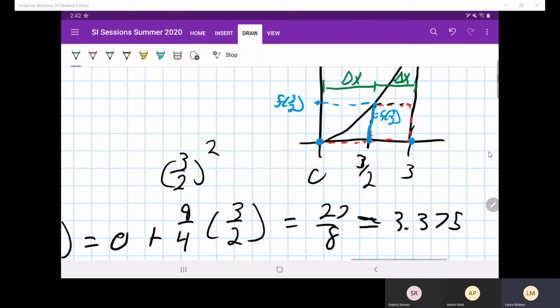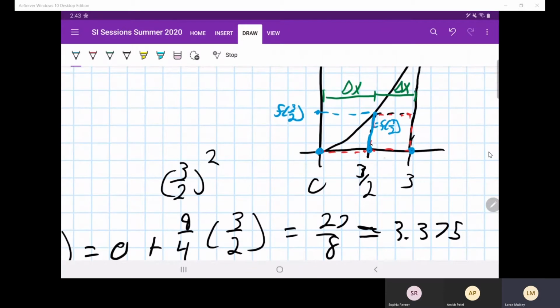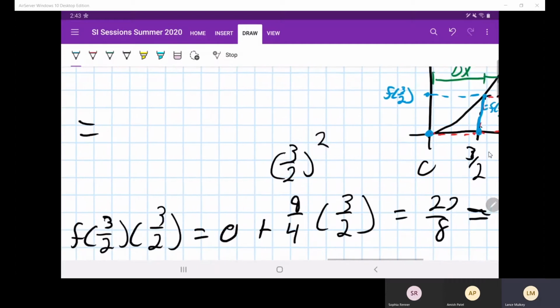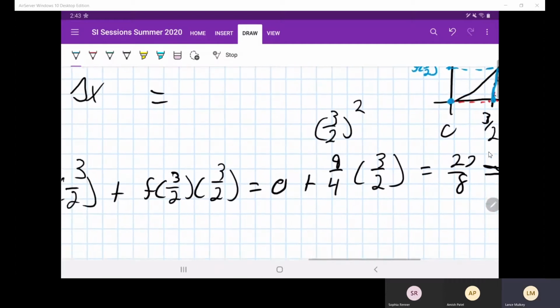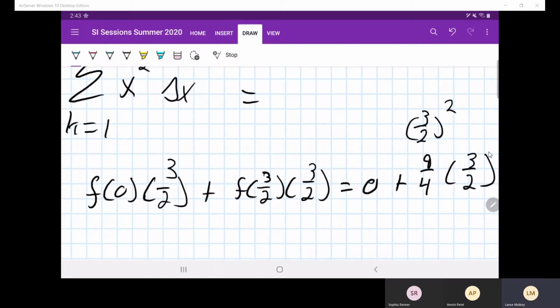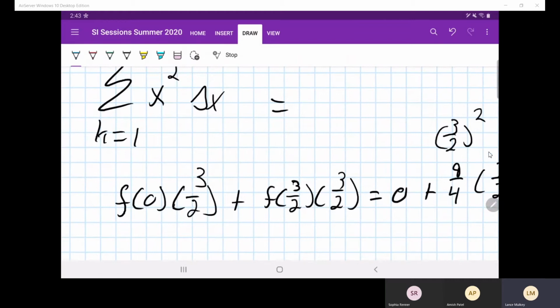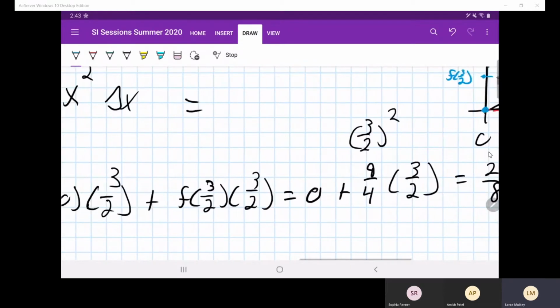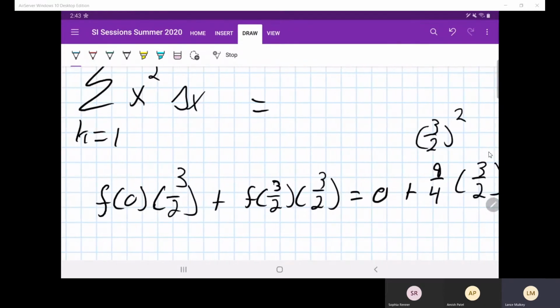So we now have our delta x and our f of 3/2 to solve this. What you do is you multiply the height of each rectangle times the width. So you got f of 0 times 3/2 and f of 3/2 times 3/2, because you only need 2 rectangles. So this one equals 0 because f of 0 is 0.